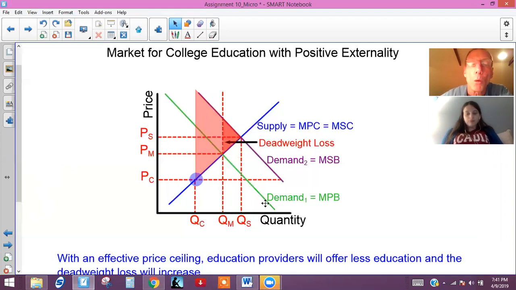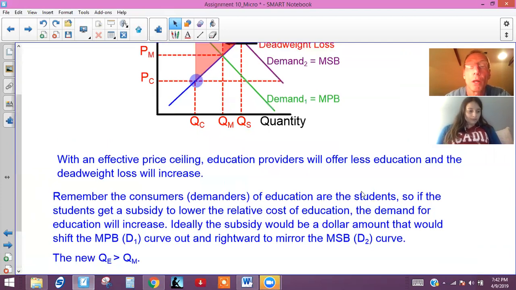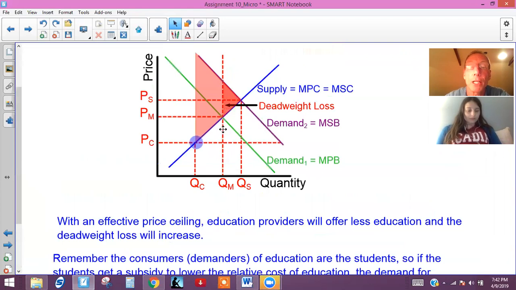So what I wrote here, as you can see, was that if the students who are demanding education get a subsidy, they're going to demand more, right? So that's going to shift the demand curve to the right, which means quantity is going to go up, right? So it's going to go up.